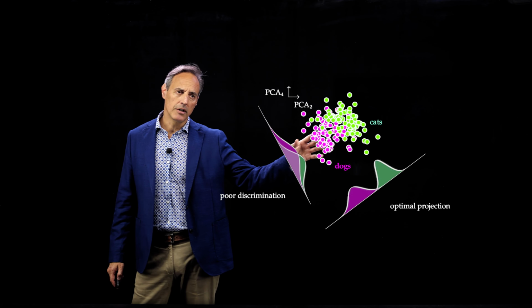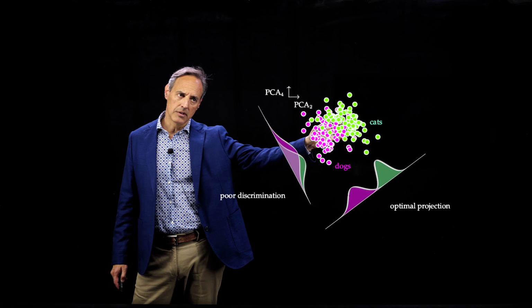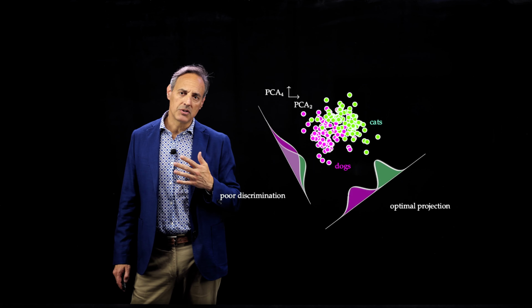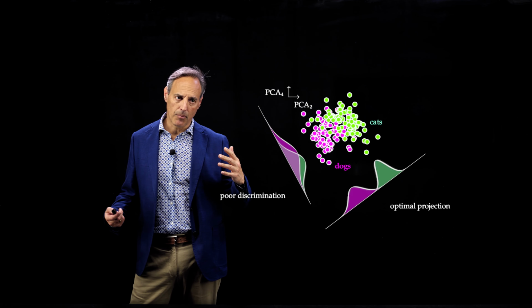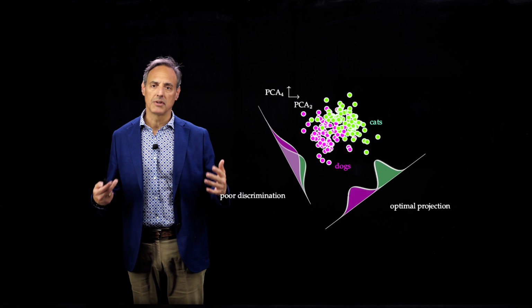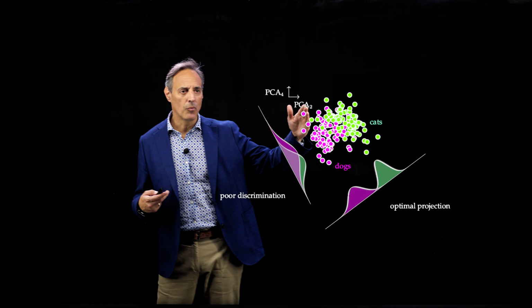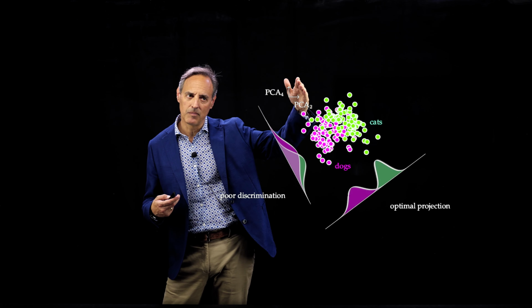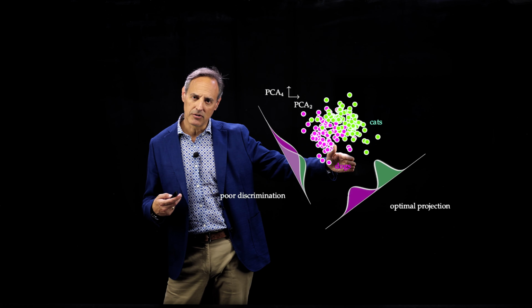What you're seeing here is the magenta are the dogs, the cats are the green balls. And so right away you can see that there seems to be a separation between the dogs and the cats, right? So one way to think about it is if you were to draw the best line, it would be somewhere in here, something that would separate the dogs from the cats.